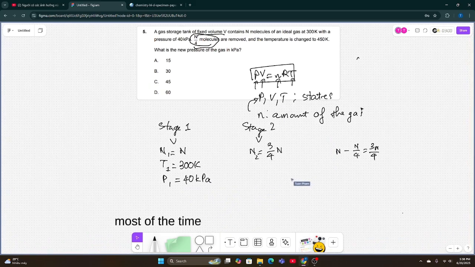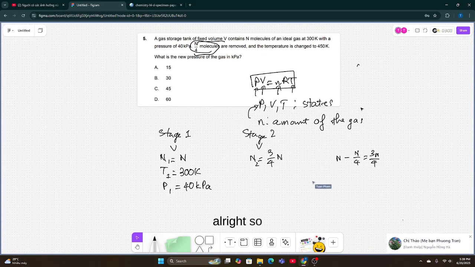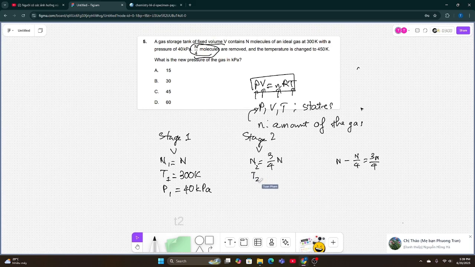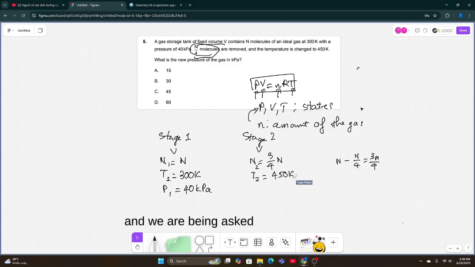Most of the time, people will tell you to convert, but I say it's up to you, and you'll see at a later stage why that is the case. One more thing, we have T2, which is equal to 450 Kelvin. And we are being asked the new pressure, P2 equals question mark. So these are all the information we have.